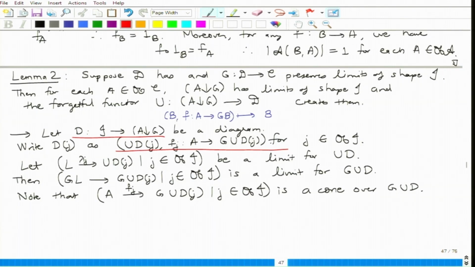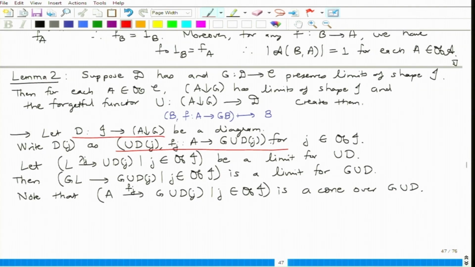So do these two red underlines convince you that this is actually a cone? There was a diagram originally, like we wrote dj for this. You should verify that. How does DJ send things to objects? What about morphisms? You can also write them down, but it's given to be a diagram.